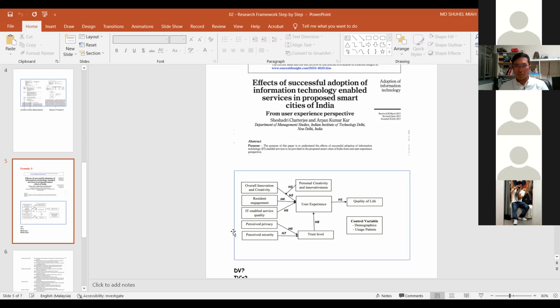Again, say you want to increase online shopping customer satisfaction. One of the moderating factors can be the speed of the internet, or technology factors, or the interface of the system.